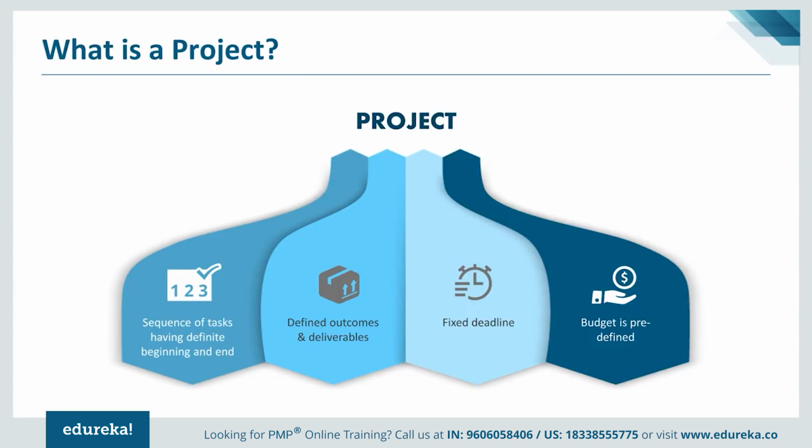And of course, when you undertake that project, you go through various phases of the project, which we are going to talk about soon. But most importantly, there are certain things that we need to remember here. When we work on any project, we go through a sequence of tasks, and these tasks are planned very well in advance. We perform these tasks based on the plan that we have created.